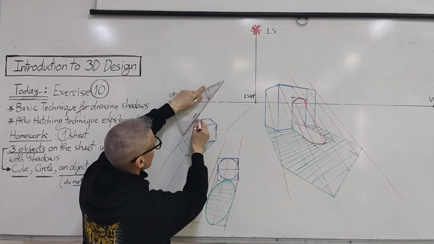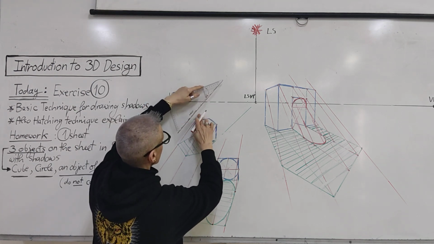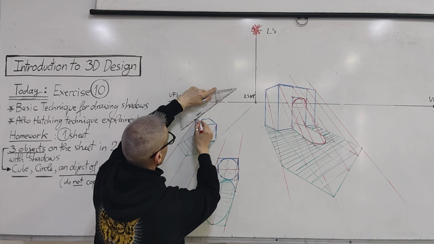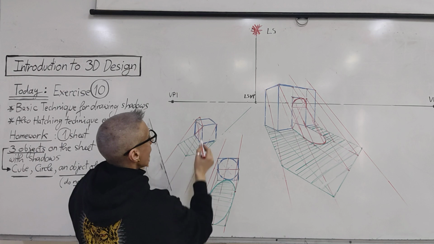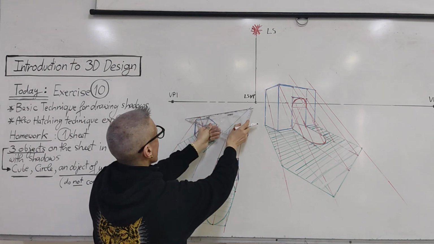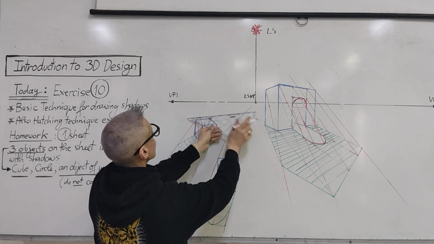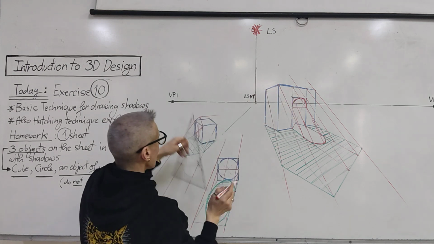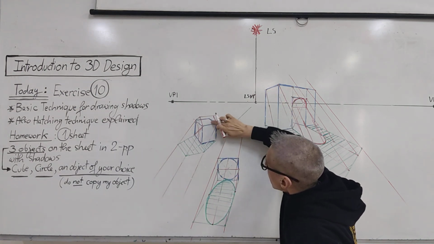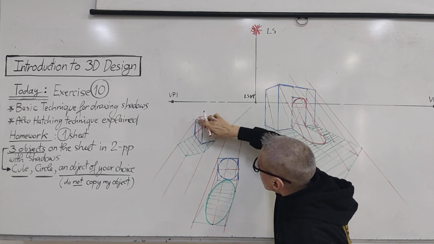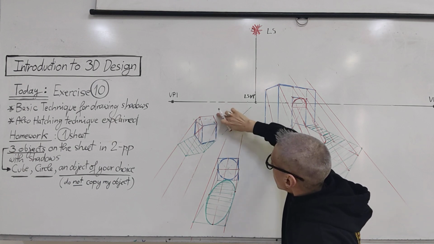From this point through this point, I will connect it, make it even shorter. And this will go, of course, to the vanishing point, okay? Then this will be connected with this as well. This one becomes hidden from the back, okay? So we don't need it.